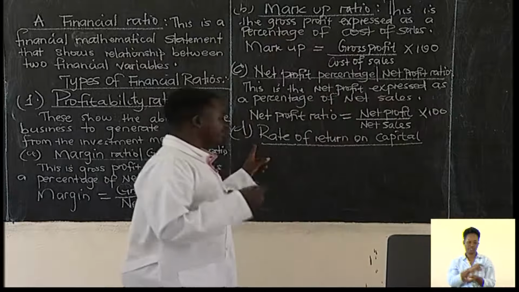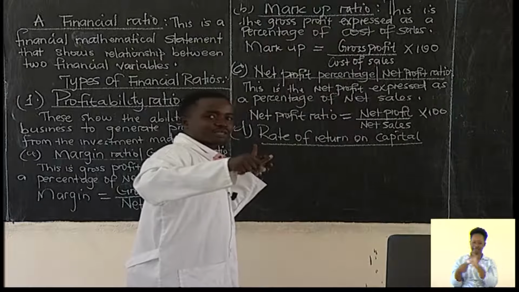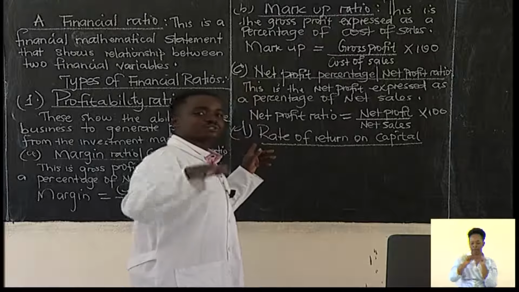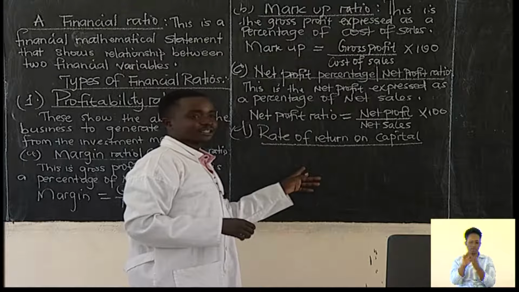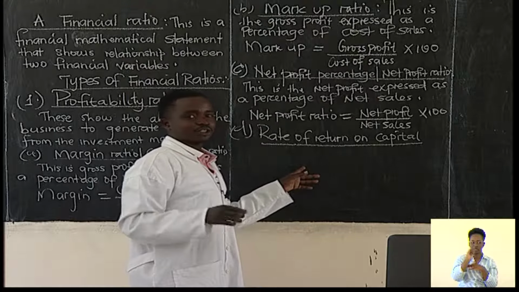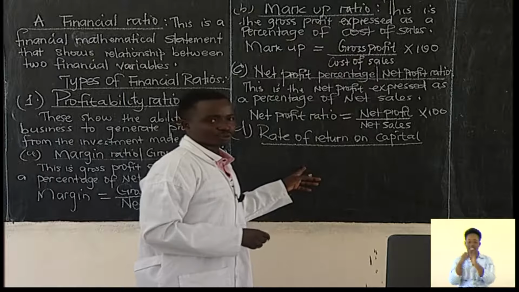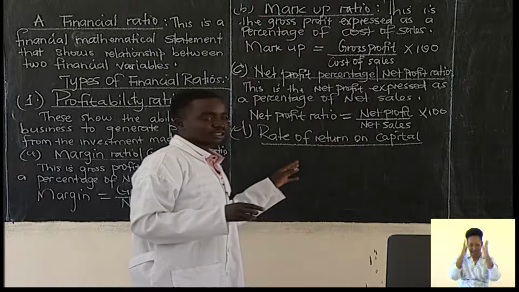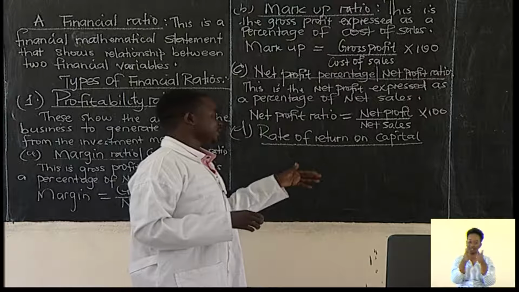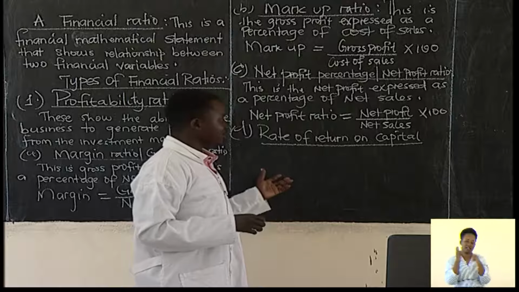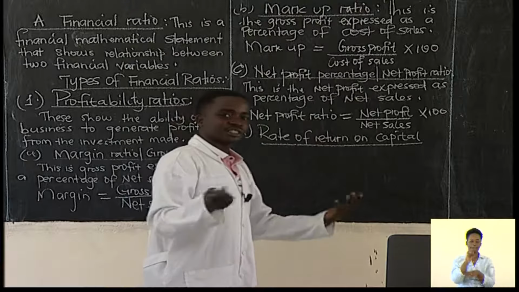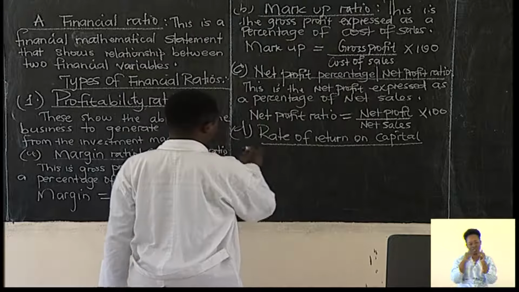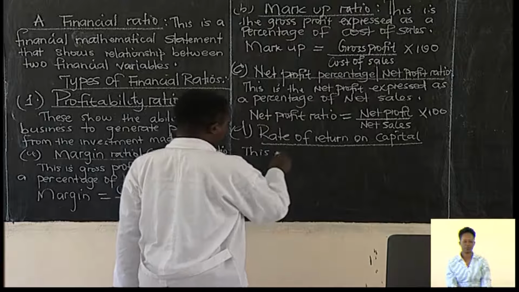This ratio measures the efficiency of how a manager uses capital given to him to generate returns. And therefore, a high ratio here indicates that the manager used the capital given to him very well or efficiently. There was no mismanagement. If maybe you get like 90%, that means capital employed was used very well to generate net profit.